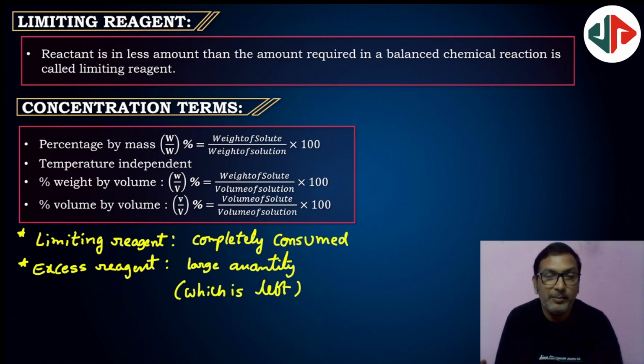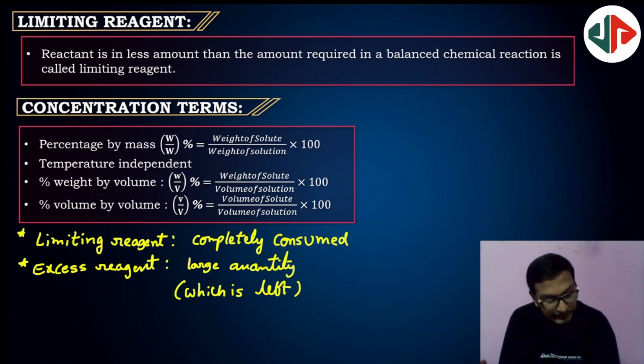These two are very, very important. The limiting reagent is the reactant which is completely consumed, completely reacted. The excess reagent is present in large quantity and is left after the chemical reaction.